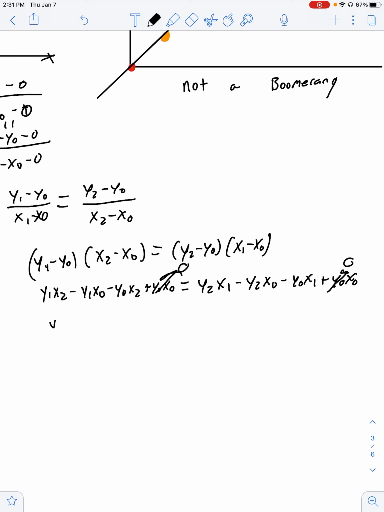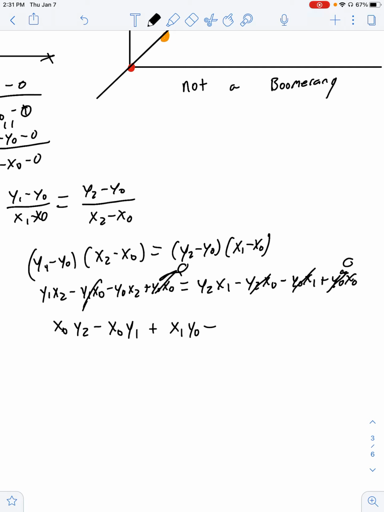So x0 y2 minus x0 y1, so that's these two terms, plus x1 y0 minus x1 y2 plus x2 y1 minus x2 y0 equals 0.